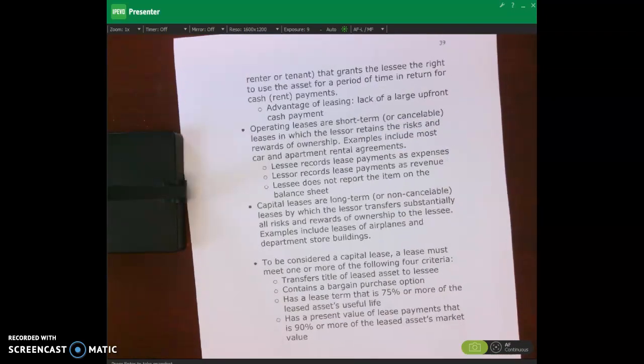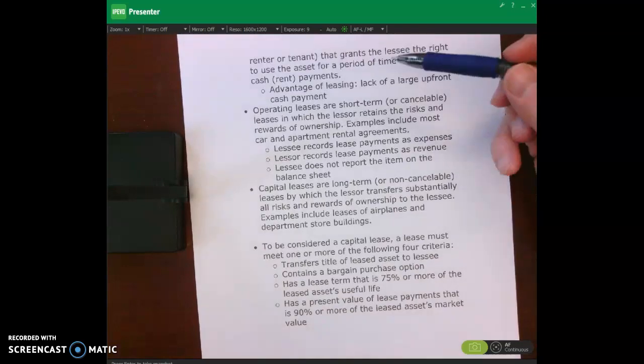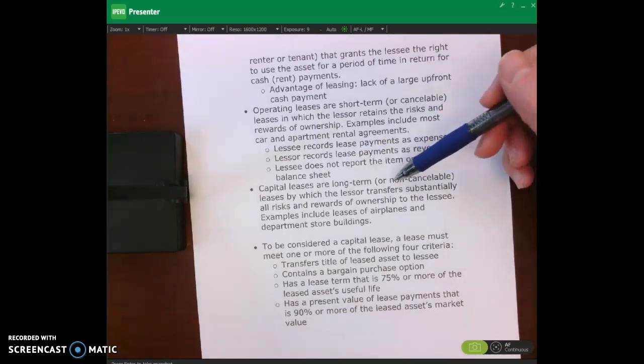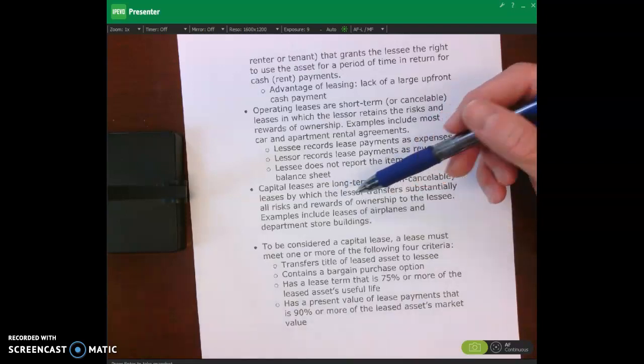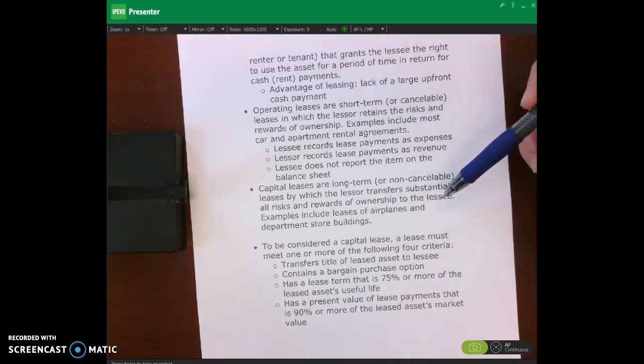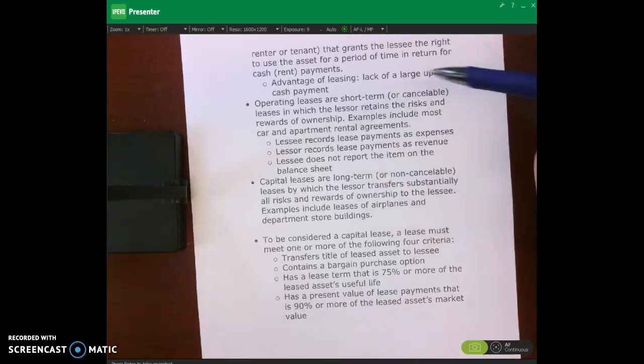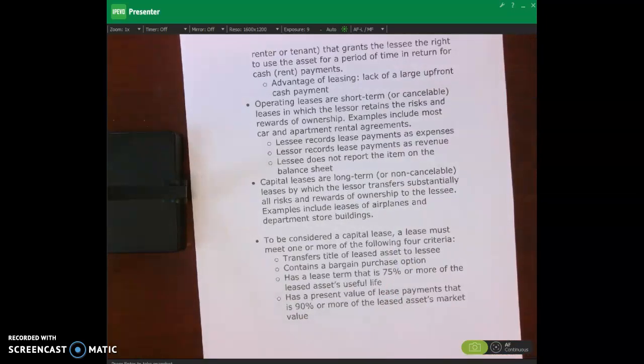Okay? Capital leases are longer term leases. In that case, the lessor is going to transfer basically all risks and rewards of ownership to the lessee. This would be longer term leases of buildings or airplanes.